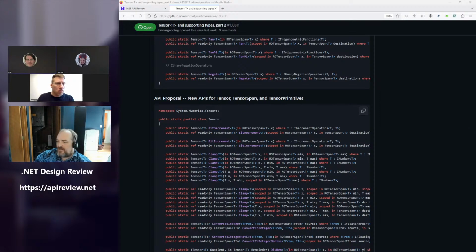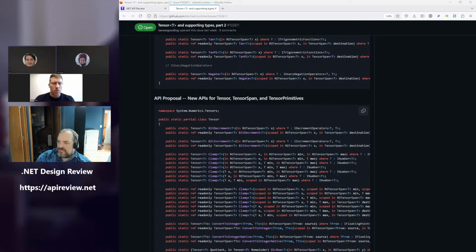Yeah, so we had lots of APIs that were covered for tensor primitives. There was a handful that we missed. We've done reviews, like we actually went back and reviewed and approved, I think it was max magnitude numbers, since we got all the other max overloads and we had missed that one.